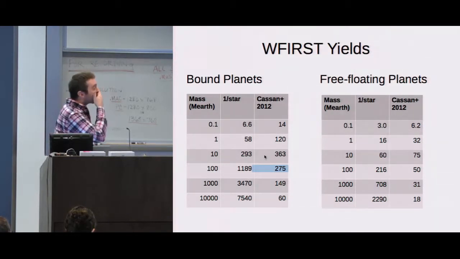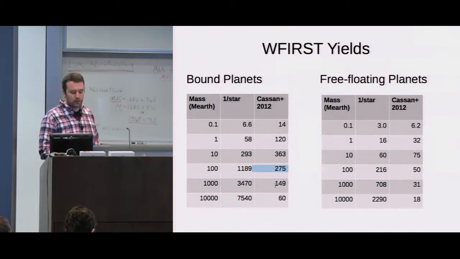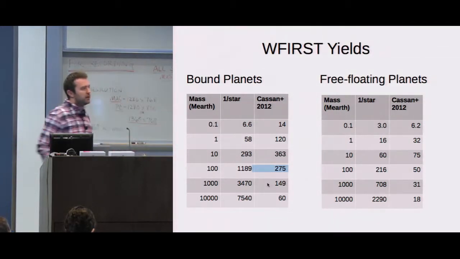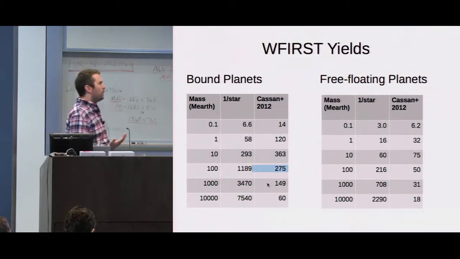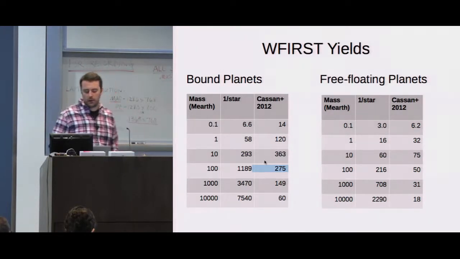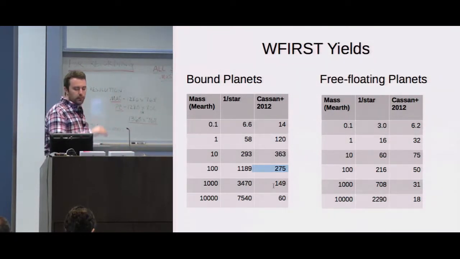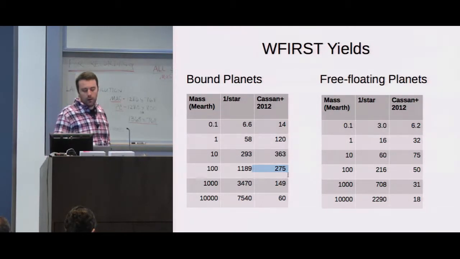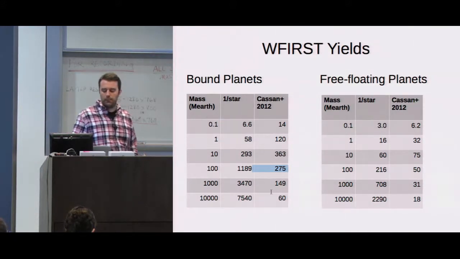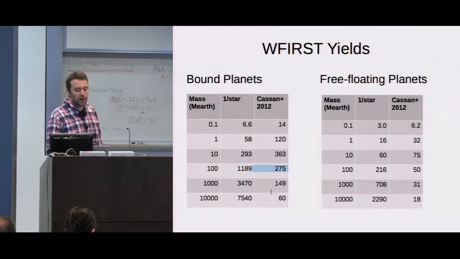And this is for the latest design, so we're expecting about 150 ERPs. This is assuming that there are 2 ERPs per dex in mass and semi-major axis. The Suzuki result puts an upper limit that's lower than this value, but you're getting good statistics on the number of Earth mass planets.